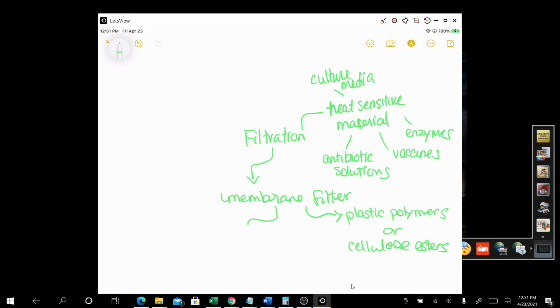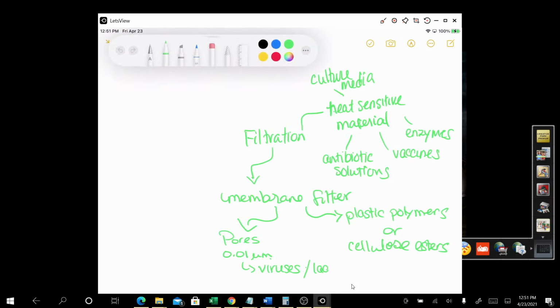And another fact about the pores is that some of these filters can have a 0.01 micrometer filter pore size. This will allow scientists to capture viruses and large molecules.